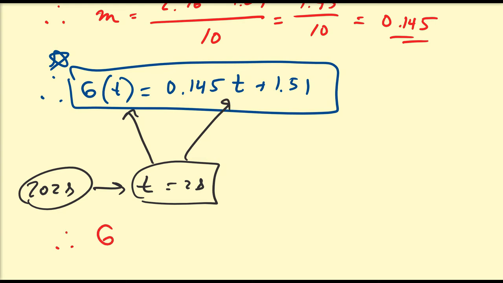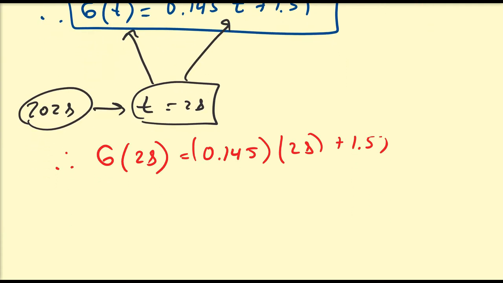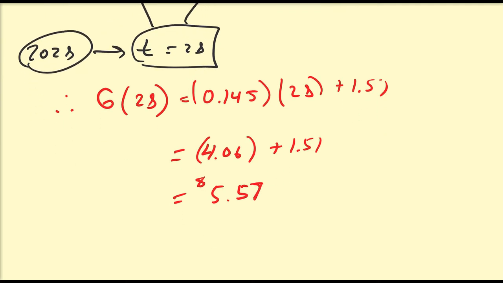The gas price in 2028 is going to be 0.145 multiplied by 28 plus 1.51. So 28 times that is 4.06, plus 1.51, which comes out to $5.57. A bit pricey, but that's what the model at least predicts.